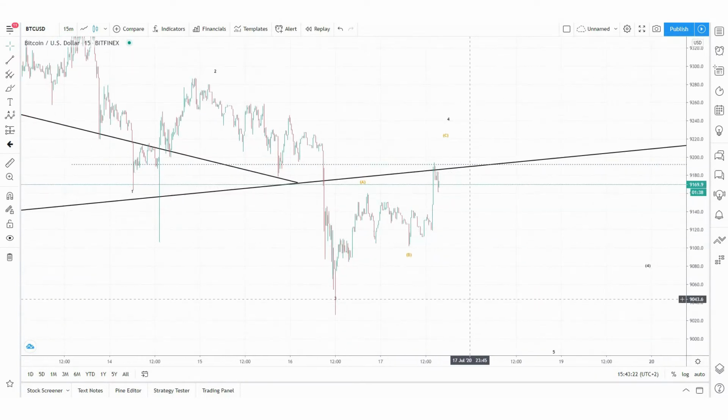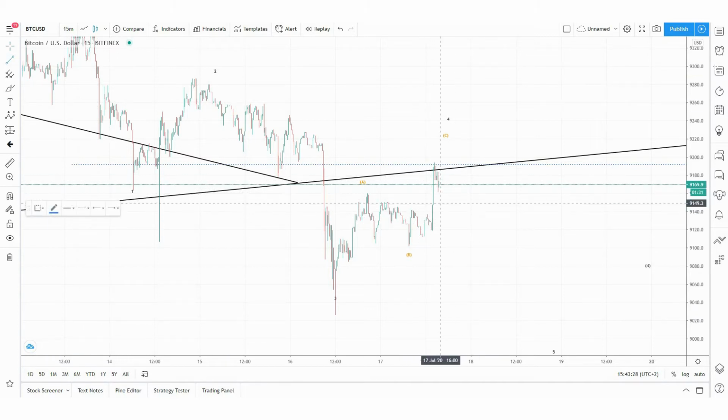But looking at this structure here, we can maybe have a truncation, with the price coming back slightly lower and then continuing to move to the upside.